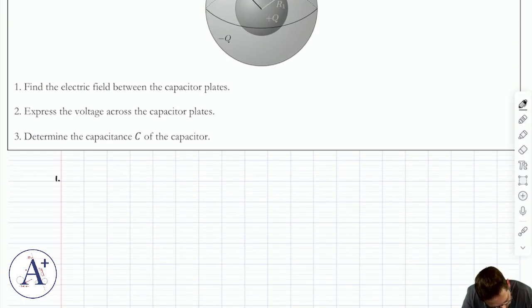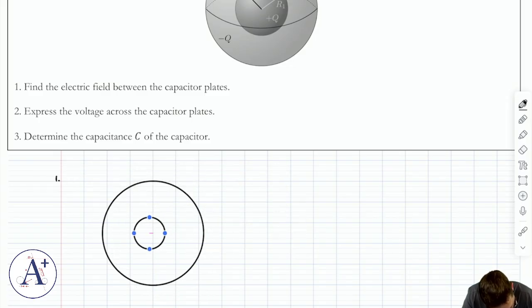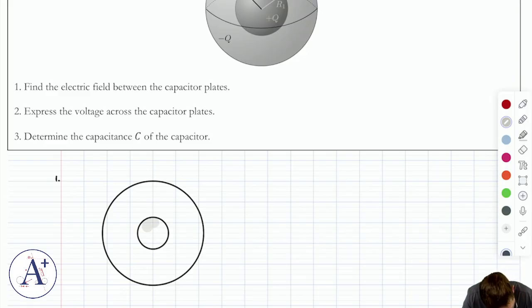Well, that sounds like something I know how to do. I mean, after all, this thing has the right symmetry to apply Gauss's law, right? And so this is going to be the sphere in the center here. This is R1 and this is R2. Q, minus Q. And I want the electric field between the plates.